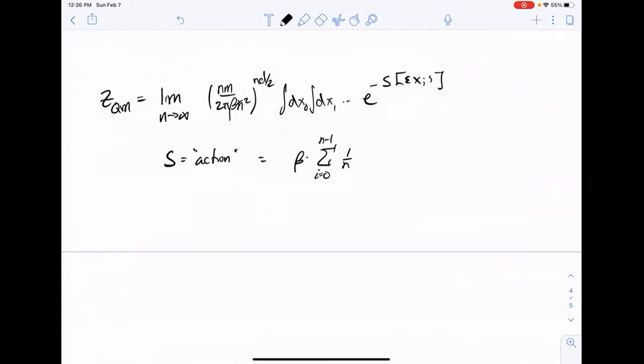And the action has the form beta times a sum of 1 over n squared, m times x_i minus x_{i+1} quantity squared, divided by twice beta squared h bar squared, plus the original potential evaluated at each one of those points.